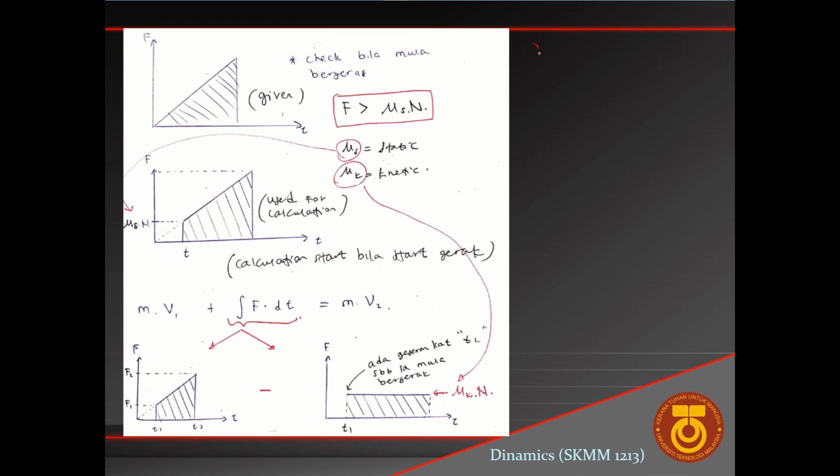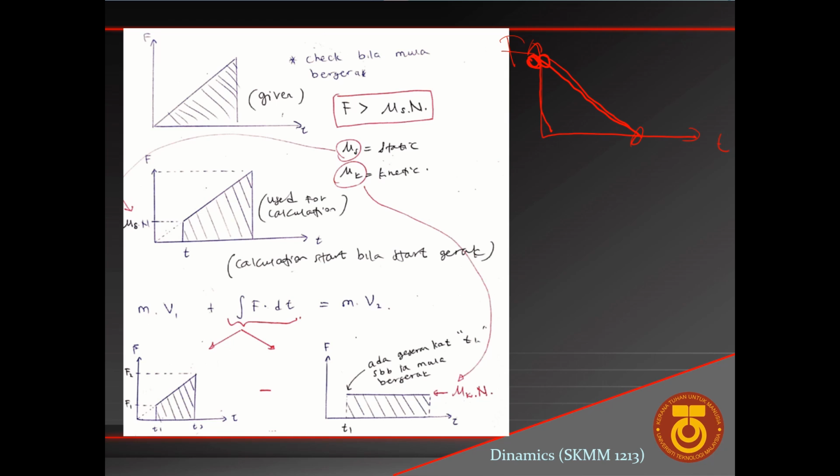In the previous question, I gave you the F-t graph like this one, where we start at a big value down to a smaller one, and the consideration is once we put a big value, the component will directly move.